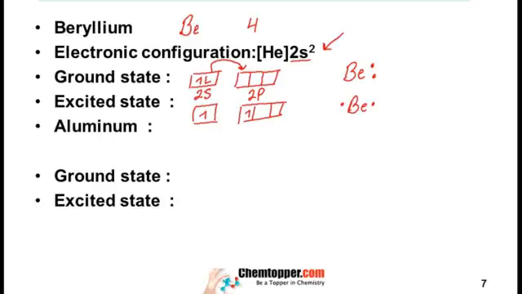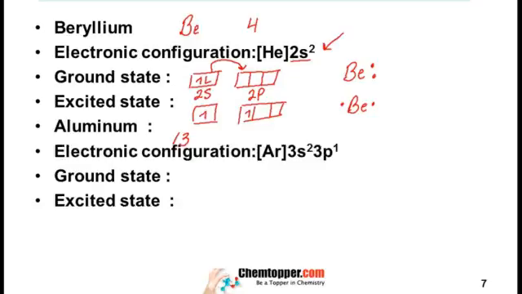Similarly, aluminium, its atomic number is 13. It has 3 electrons in its outermost shell. 2 electrons are present in the s orbital in the ground state as a pair, and 1 electron is present in one of the p orbitals, unpaired.